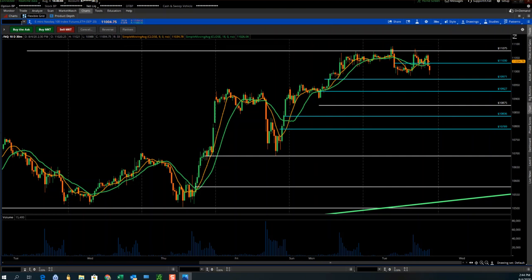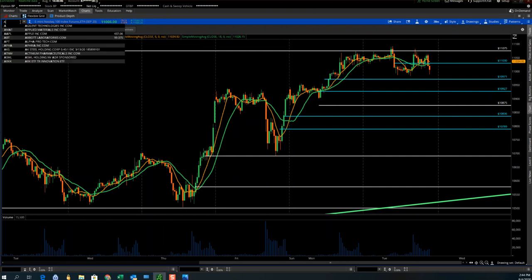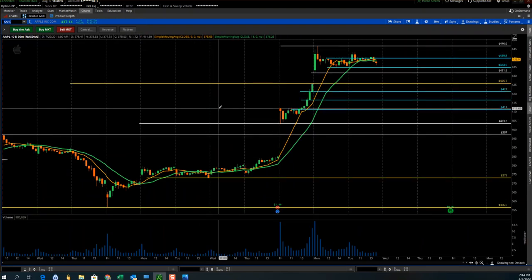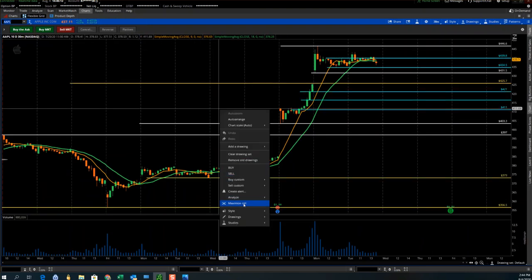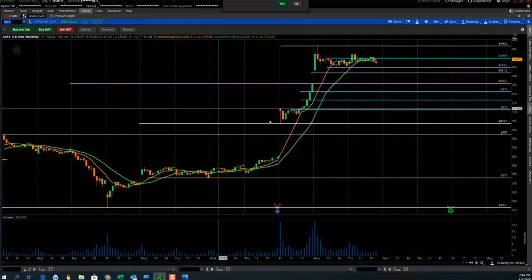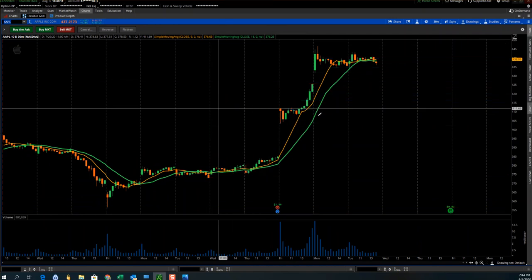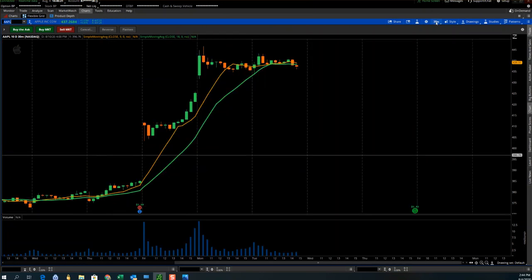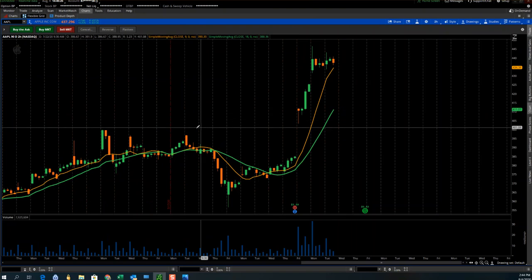So the first step you need to take is, let me clear out all these lines for you. Clear drawing set. Okay, so this is a plain chart now with no lines. Here's a 2-hourly chart.